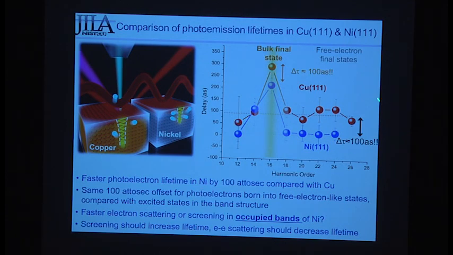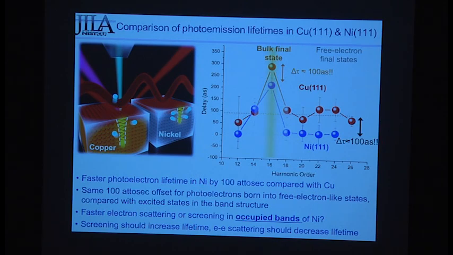But we noticed there was also a difference in photoemission of 100 attoseconds off resonance. And there must be some mechanism giving rise to that. It's not the excited state. These are free electron final states. So the question is, why did the electrons take longer to be photoemitted from copper than nickel? And if you're trying to explain a 100 attosecond time scale, you can only invoke electron dynamics.